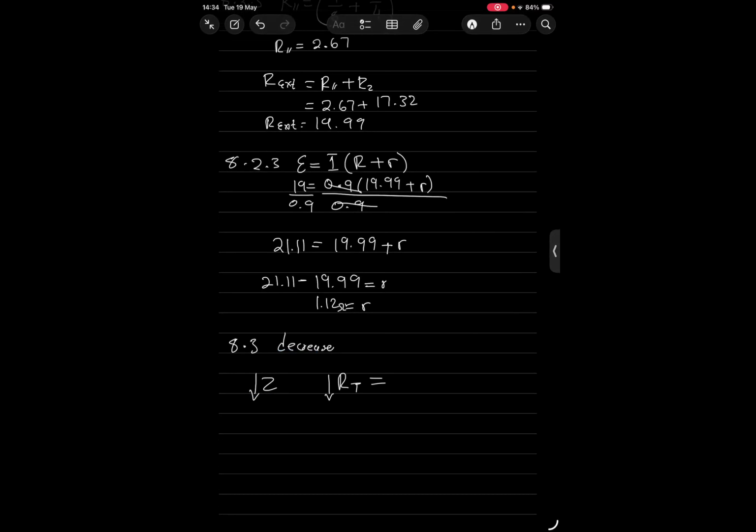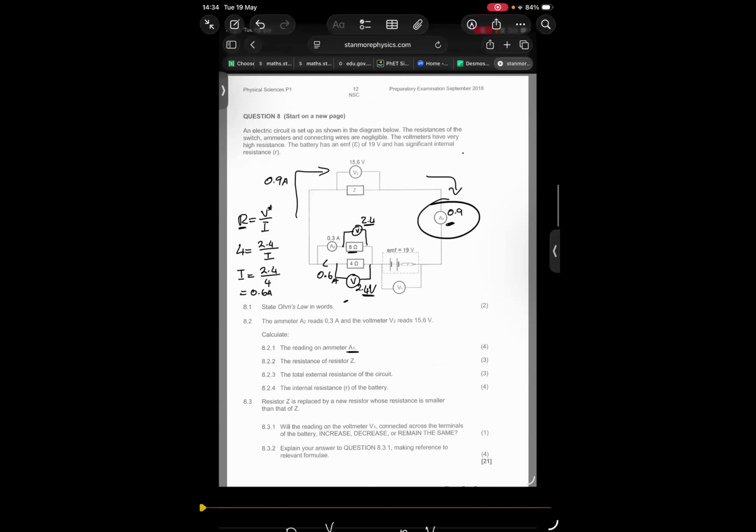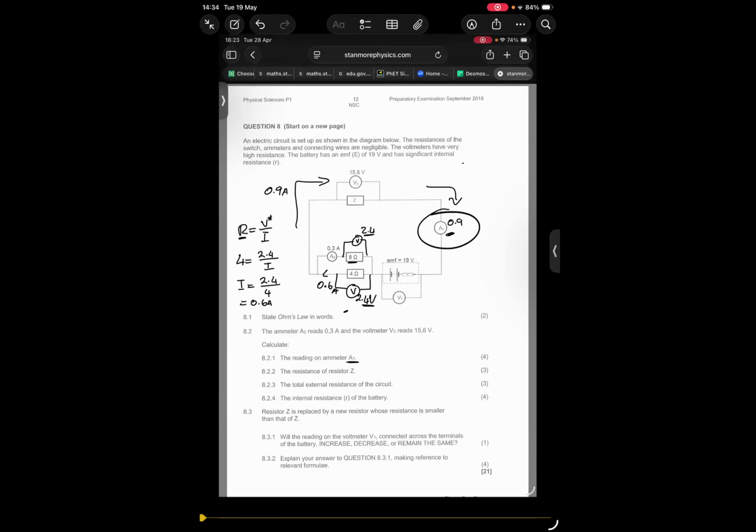And remember, R equals V over I. And what is the relationship between the voltage and the resistance? When the resistance goes down, the voltage will go down, because they are directly proportional. Hence V1 is going to go down because of the resistance.